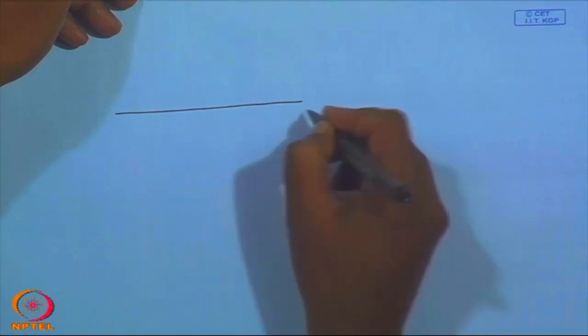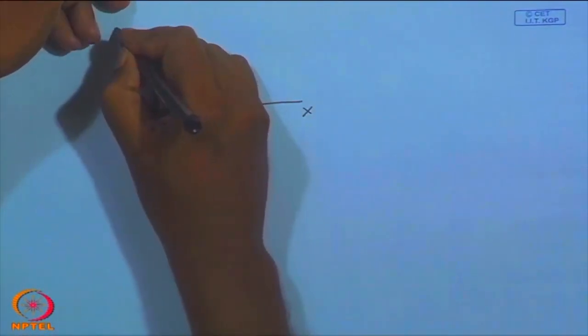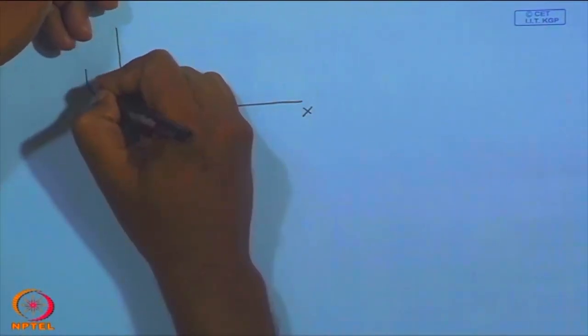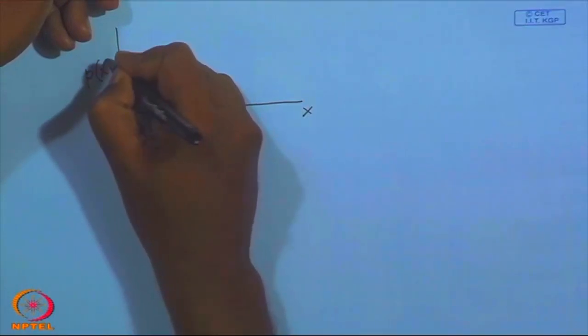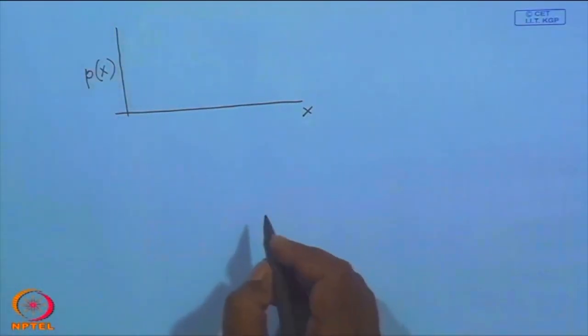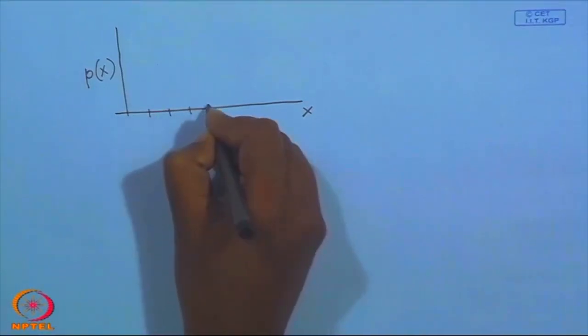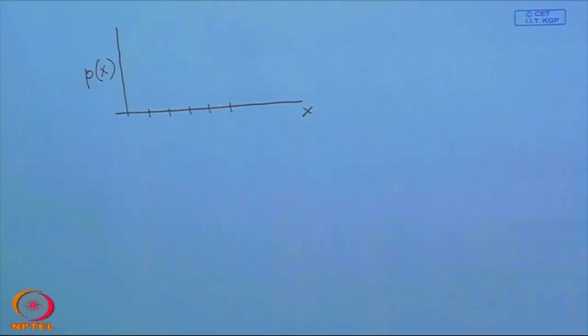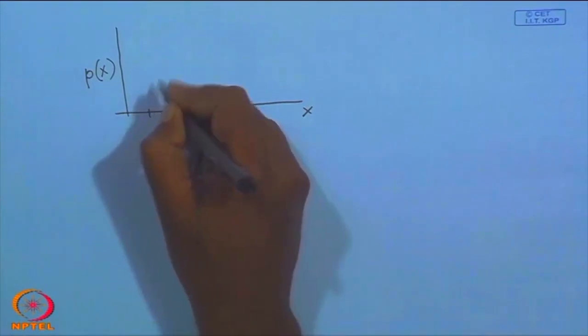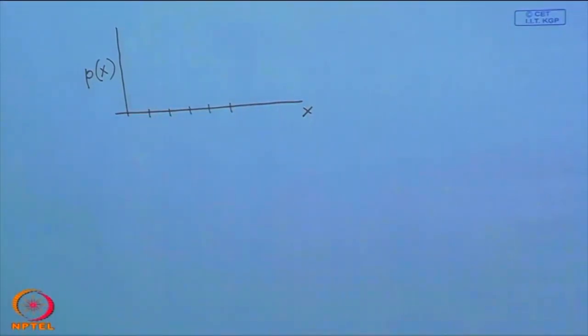So, in one dimension our bins are actually line segments like this. If I have variable x and on this axis I plot the probability density function p of x, then what we have done is the x axis is divided into a number of bins or cells, and within a cell we have assumed that the probability density function is constant.